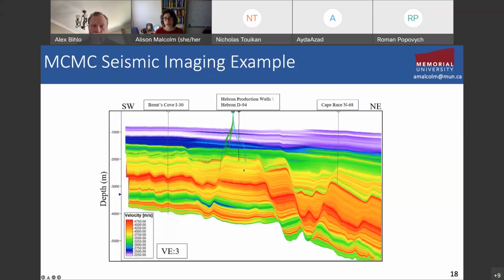But it's not crazy, and this was made from seismic data. My student Stephen processed the data and picked events in the data and used those to come up with a model like this that fits the data to within some level of error. So yes, it's definitely possible.